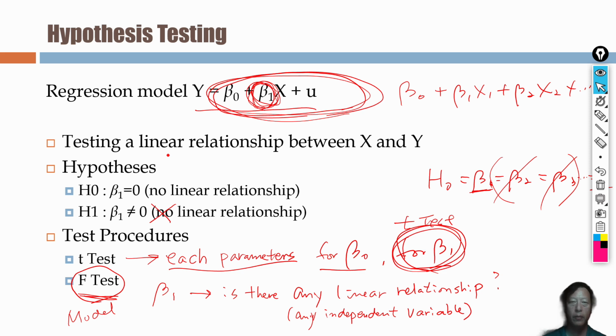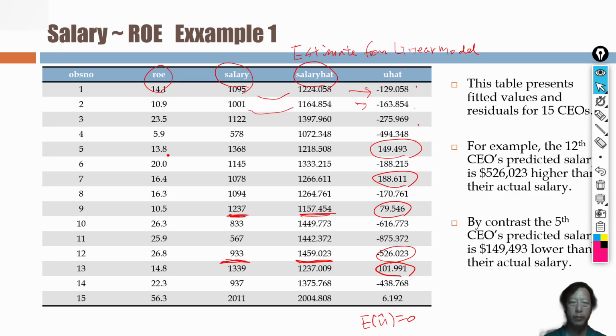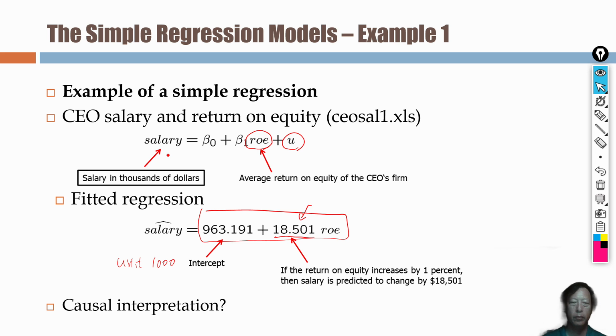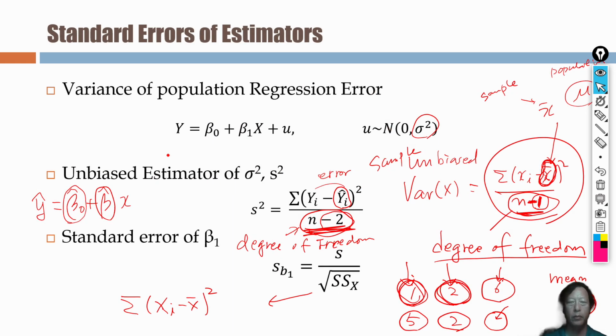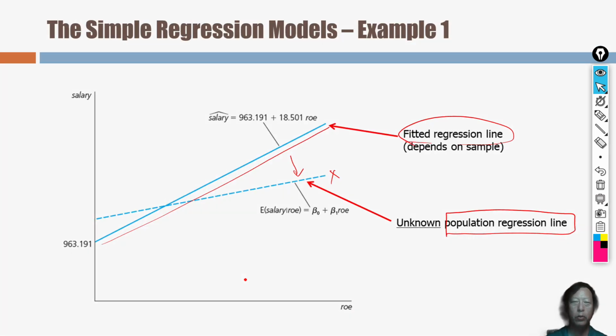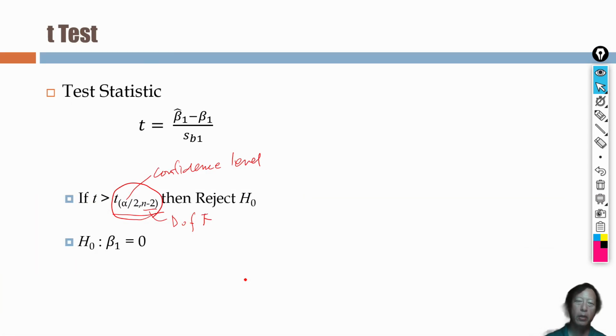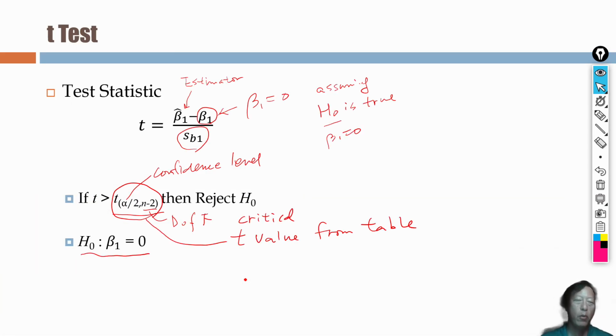We already saw here, this standard error of b1 is what we calculate here. That goes to here, and we can tell our t test statistic is greater than the critical t value. Therefore, we reject. If t is smaller than the critical t, then we cannot reject the null hypothesis, which means we cannot say there's a linear relationship between y and x.